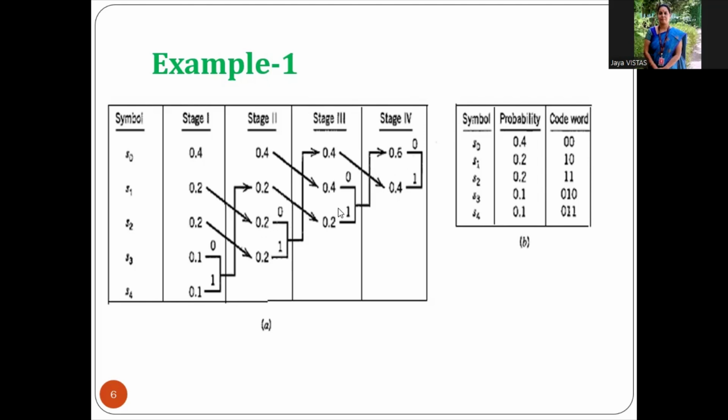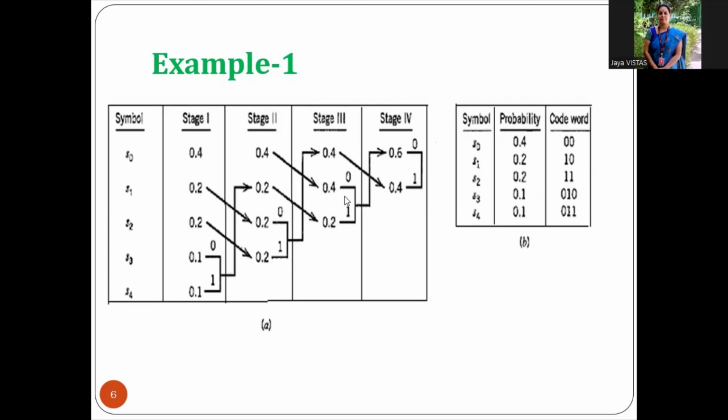Here see that it is 0.4, and 0.2 plus 0.2, the last two probabilities, totals 0.4. So here we move to stage 3, where the combined 0.4 comes first: 0.4, then 0.4, then 0.2. In stage 3 also, arrange the probabilities in decreasing order. Then again we combine the last two probabilities, the 0.4 and 0.2, and assign the upper one 0 and the lower one 1.